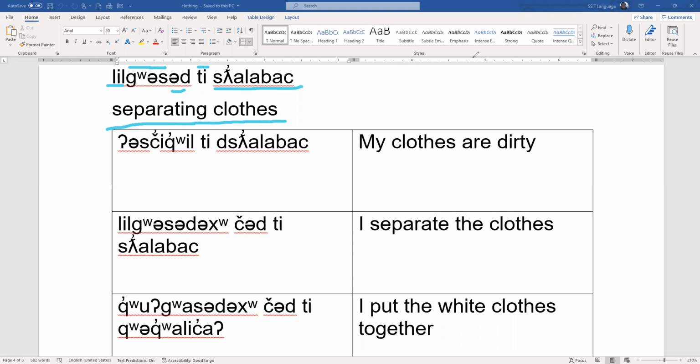And that's where the D suffix, or D prefix, gets taken out. Lil guasa T skalabats.